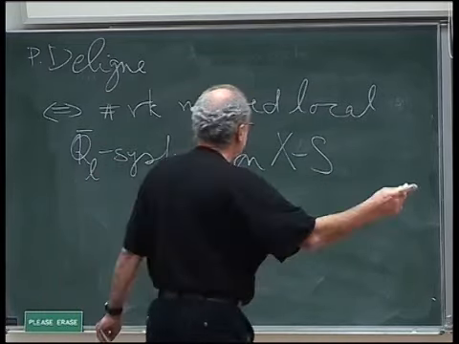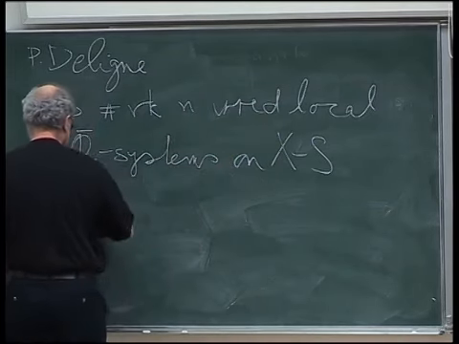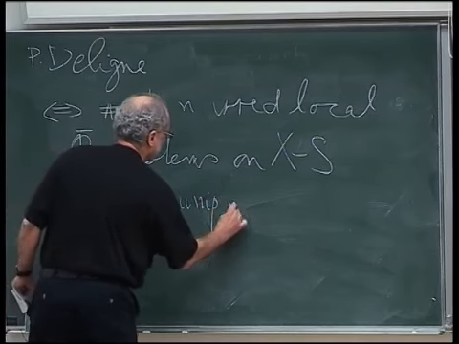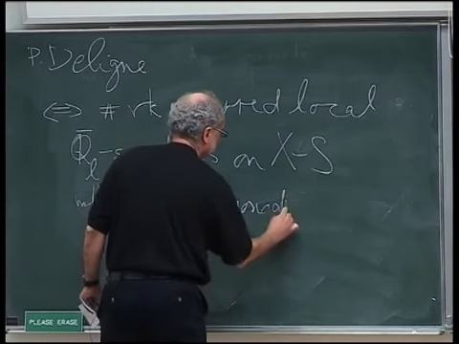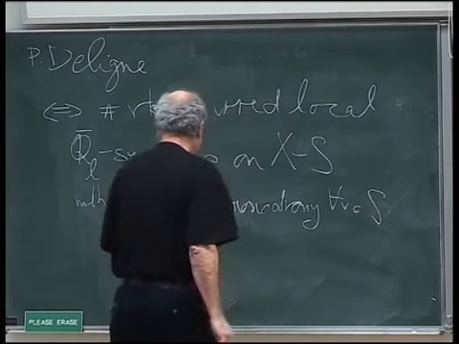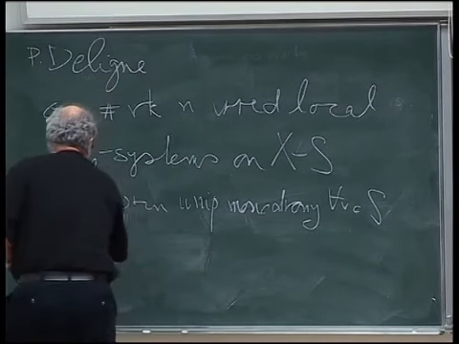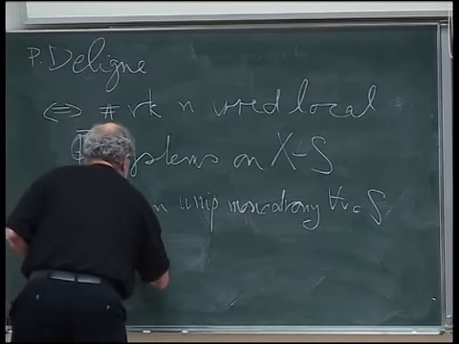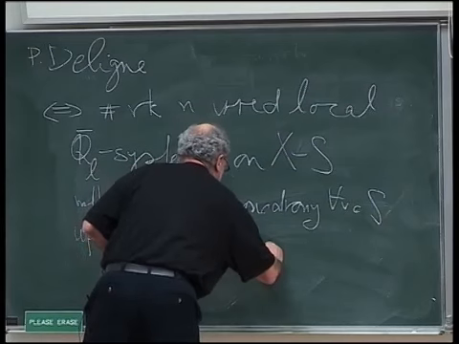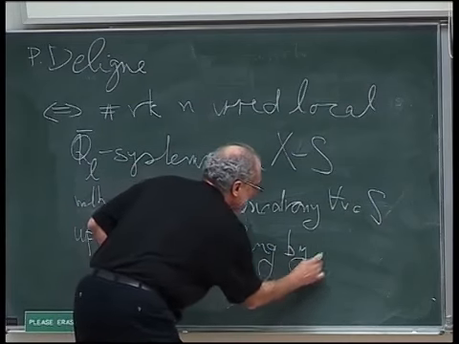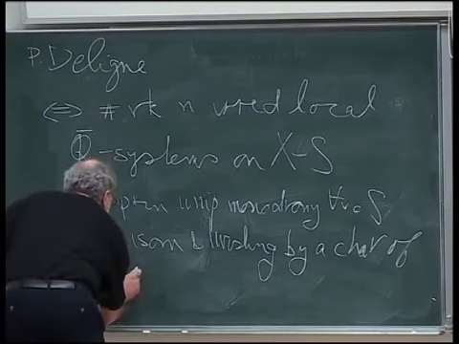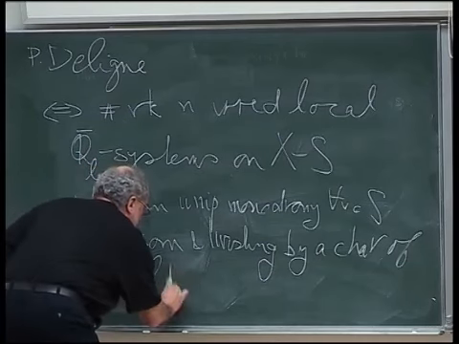So again, with principal unipotent monodromy at each of the points in this finite set S, which are taken up to isomorphism and twisting by a character of this Galois group, or if you like, of the Frobenius.